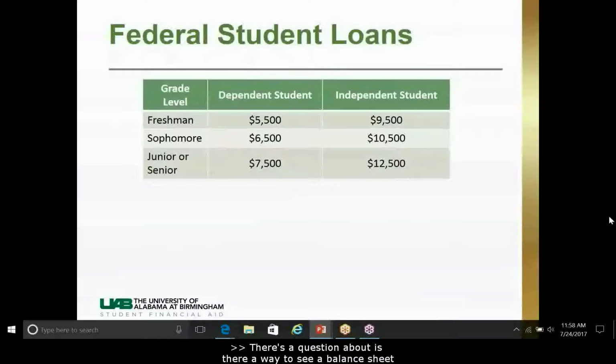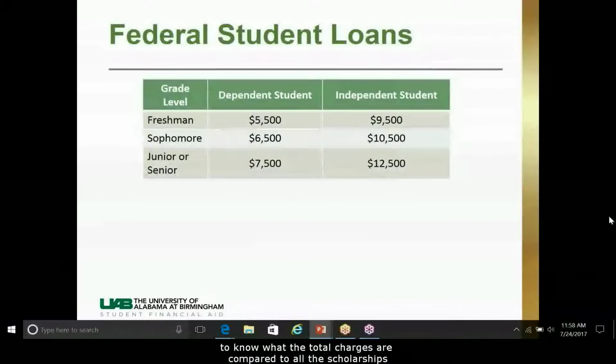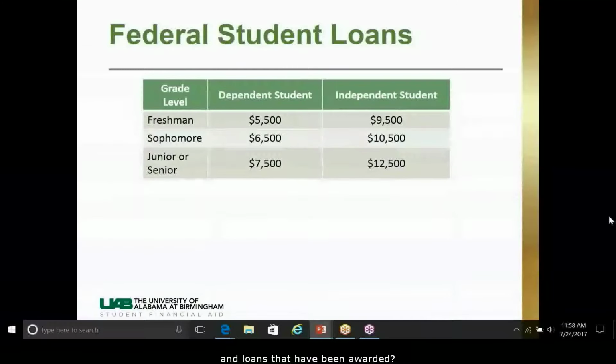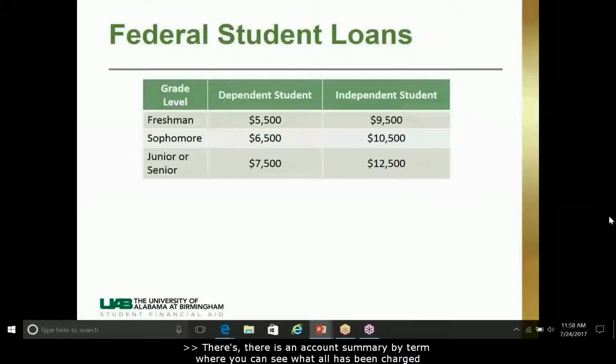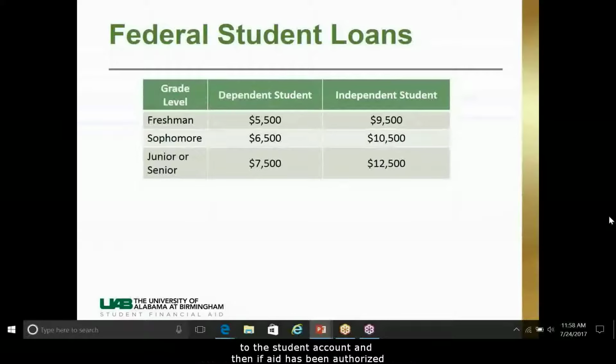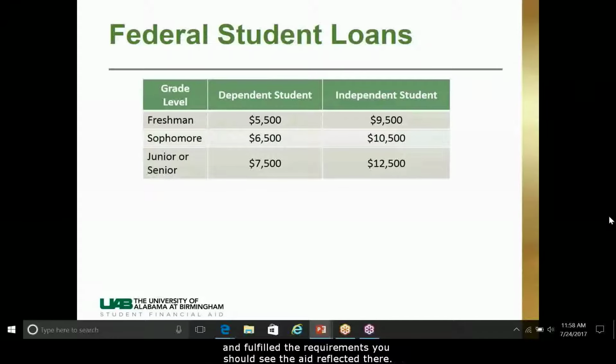There's a question about, is there a way to see a balance sheet to know what the total charges are compared to all the scholarships and loans that have been awarded? There is an account summary by term where you can see what all has been charged to the student account, and then if aid has already been accepted and the requirements fulfilled, you should see the aid reflected there.